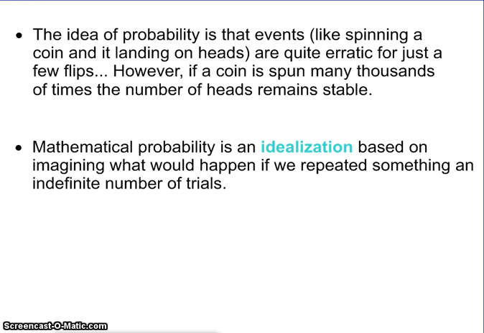Now, math is the ideal world. This is when I figure out the math, this is what I should get. You guys know in science that you do the math and you say, this is what I should get. But we don't always get that when we experiment, okay? So with math, in the perfect world, this is what should happen. It doesn't necessarily mean it's going to happen in the real world. That's why it is called an idealization, okay?